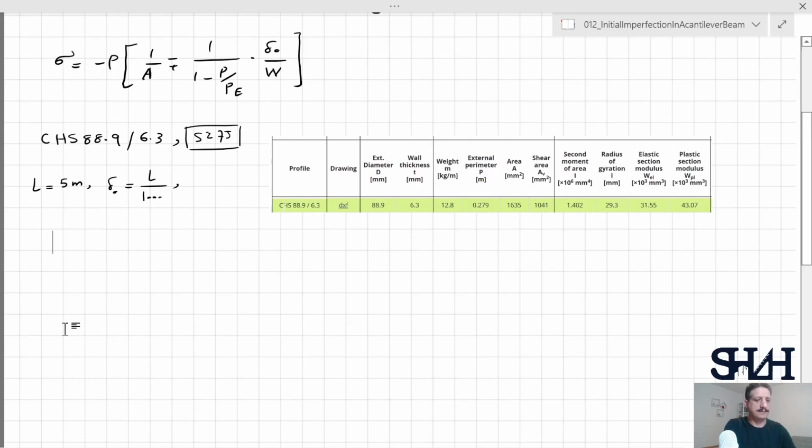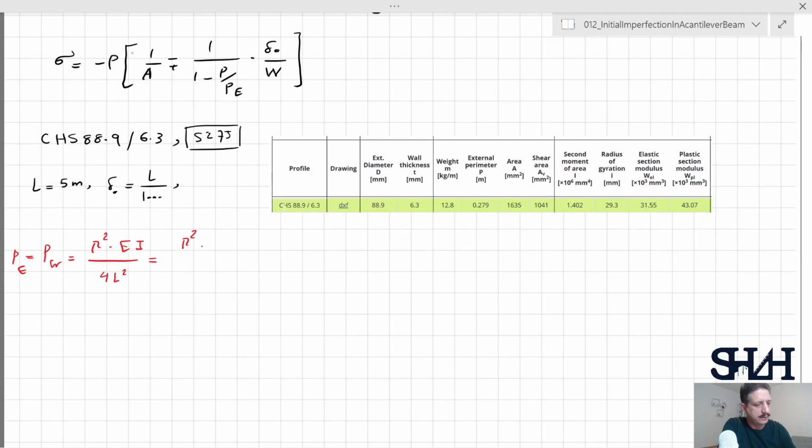First, it's better to calculate what is the critical load. P critical will be pi square EI over 4L square. This is also Euler force.